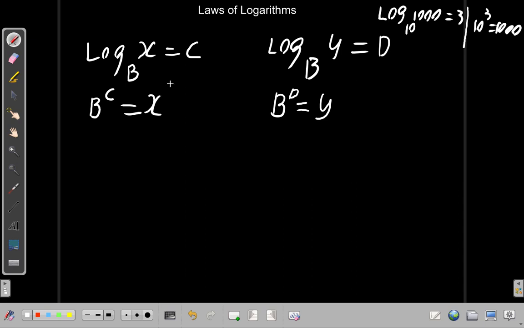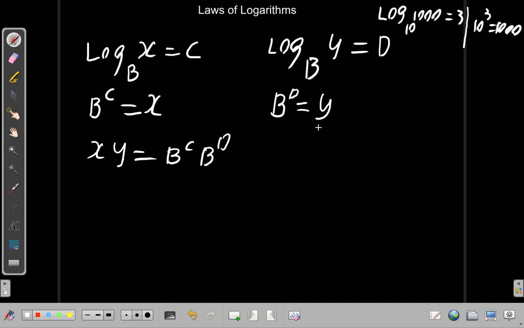Now, let us multiply x by y. xy equals. Now, what is that equal to? Notice x is b to the c. y is b to the d. So, xy is therefore b to the c times b to the power of d. You see that?